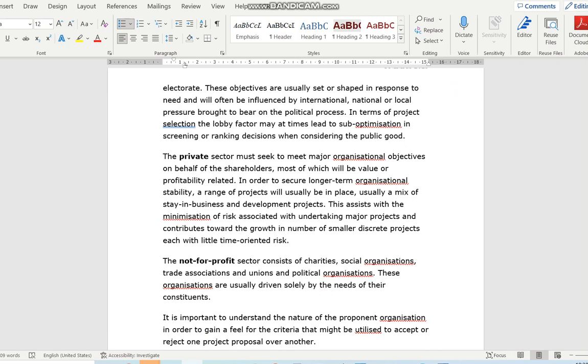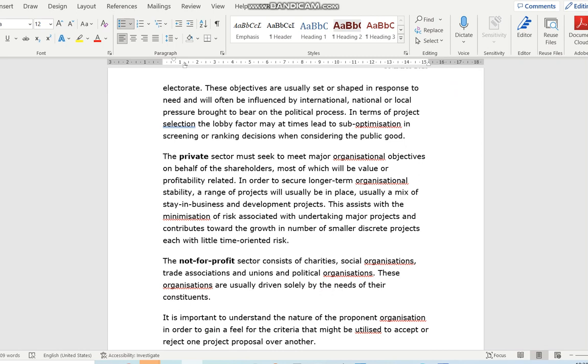So we need to know where the project actually fits in. For a government project, it's usually about whether it's an international, national, or local thing, whether there is political pressure behind it, or whether there are very important needs behind it.